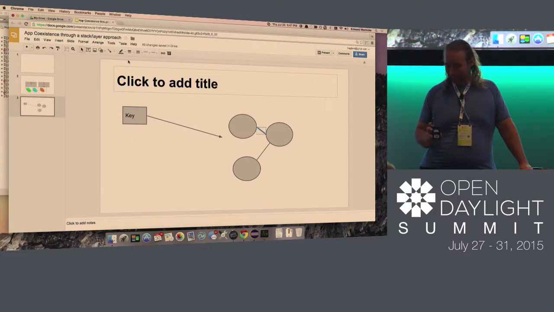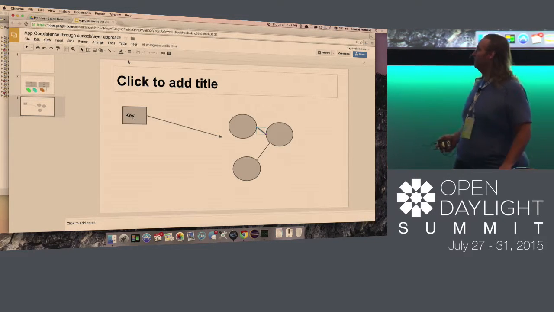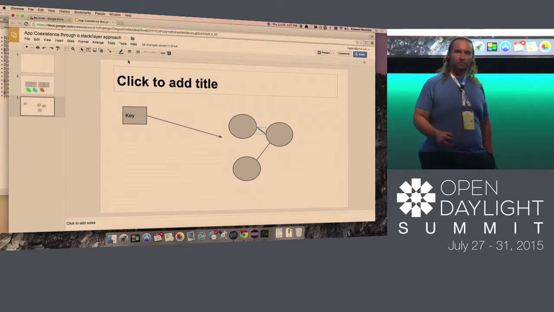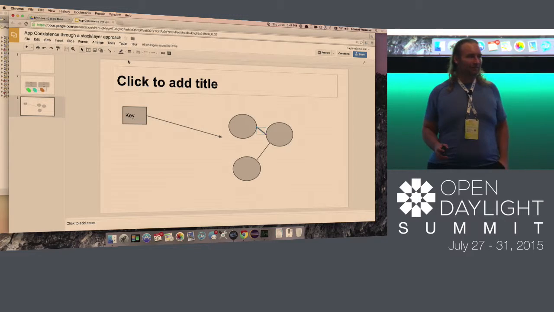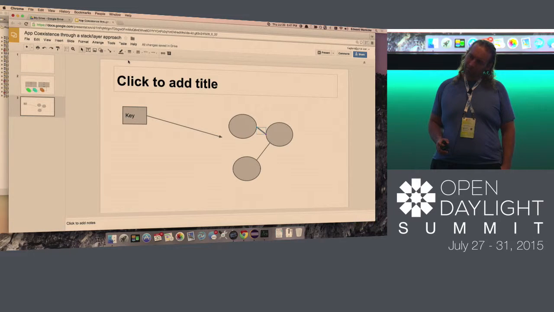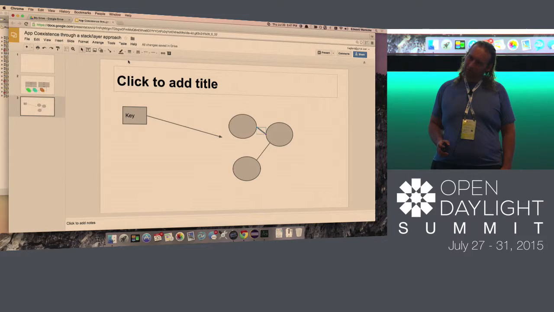Anyone else? And by no means does the fact that we have source and two-tuple mappings mean that we cover all the cases. That's absolutely not what I'm saying. We want to go in that direction, and I don't think the LISP mapping service that we have in ODL, as it is right now, is the answer to this question in its entirety.